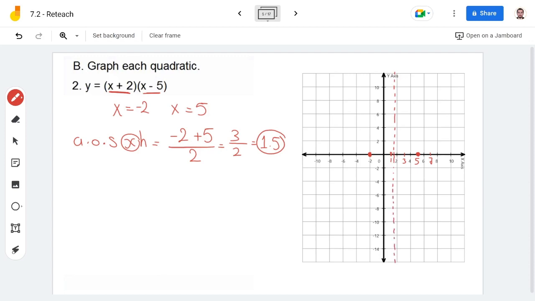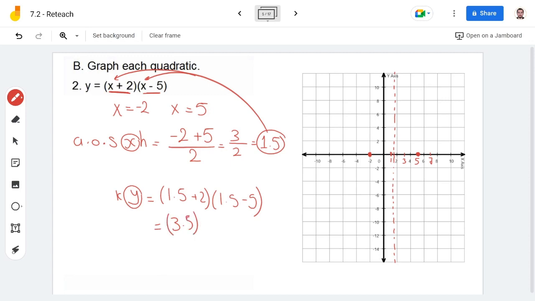Okay, now after we find h, we need to find y, which is k. Y is equal, now let's plug this one into my function. So it will be 1.5 plus 2, okay, and 1.5 minus 5. Now 1.5 plus 2 is equal to 3.5, and this one also is negative 3.5.